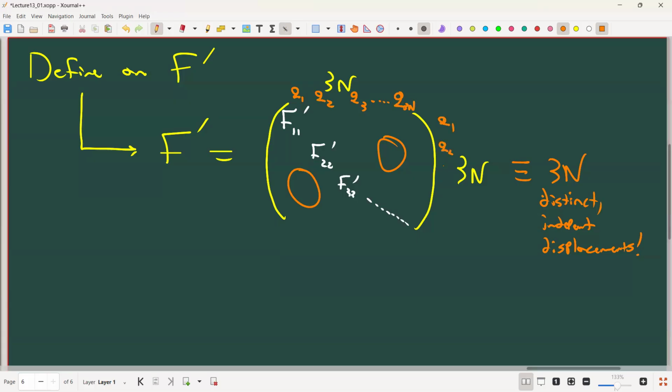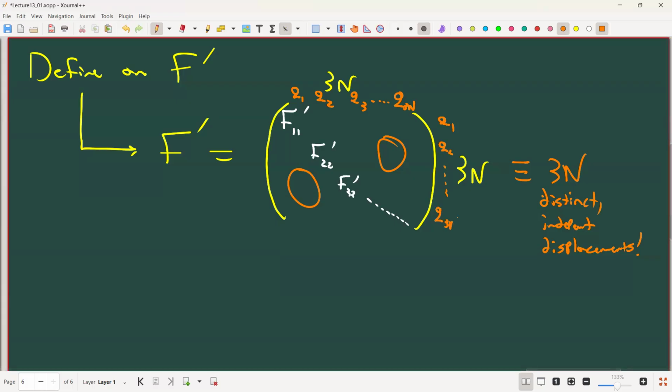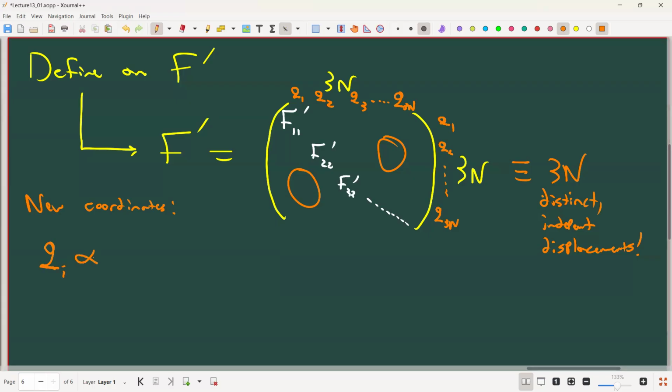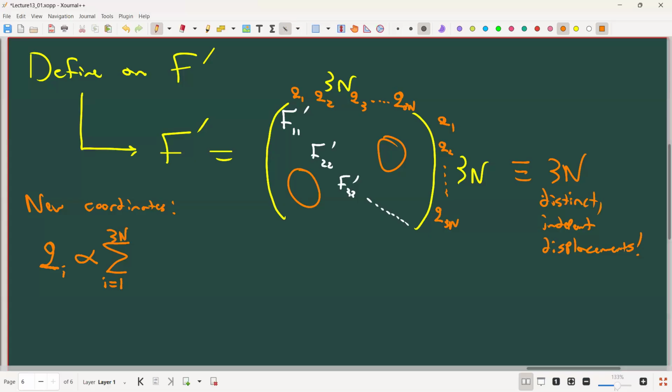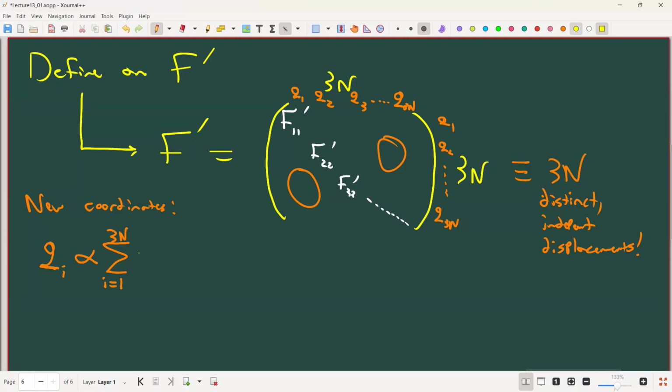So we have new coordinates, right, which are called q sub i, and they're proportional to, but not exactly equal to, the sum over i equals 1 to 3n of some number c sub i times x sub i, right?